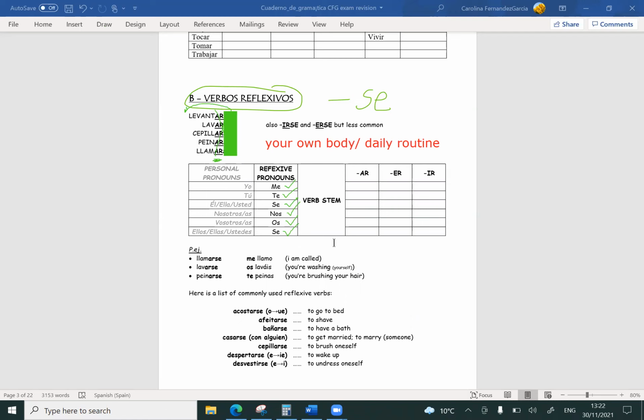So let's take, for example, the verb levantarse, to get up. In mine, I want to say, I get up. So I put that se at the front, me, and now we have this left, levantar. I follow the rules from the present verbs, get rid of the AR, and when I talk about me, I add an O. Me levanto, I get up.